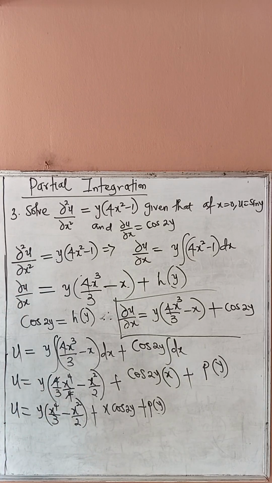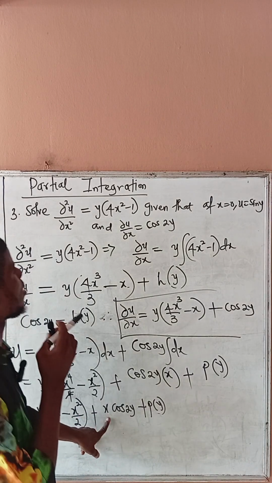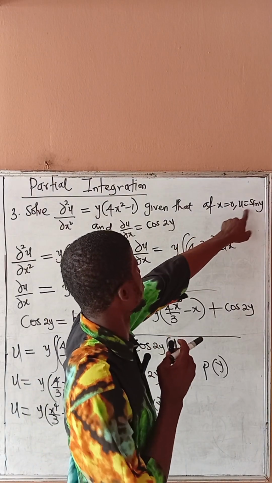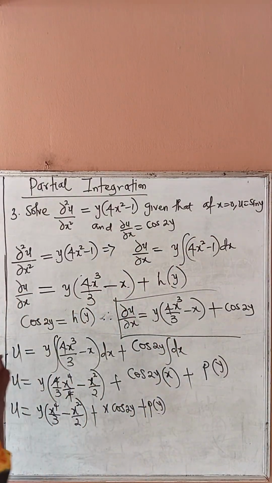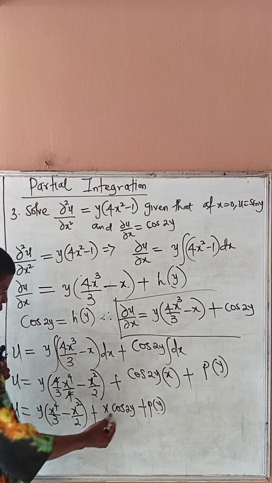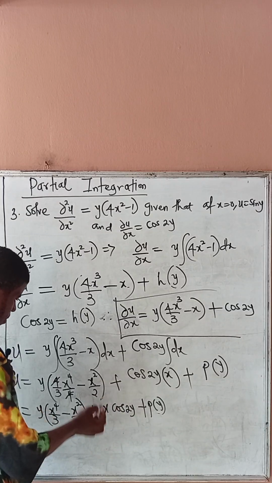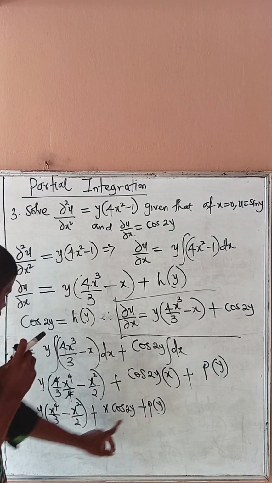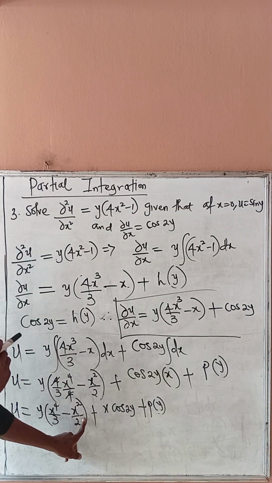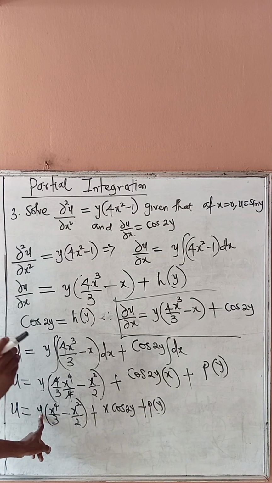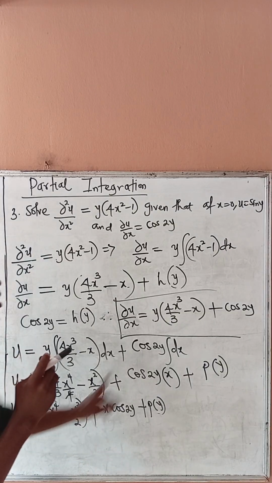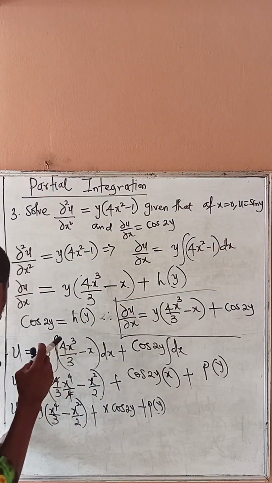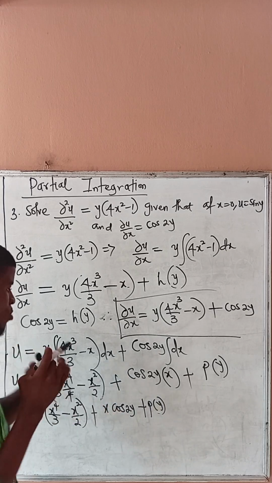So what is p of y? I need u and I need x. They said when x is 0, u is sine y. So as a matter of fact, if x is 0, everything becomes 0 because 0 times cos 2y is 0 and everything in bracket here becomes 0. So 0 times y will also be 0. It means that u, which is sine y, will just be equal to p of y.